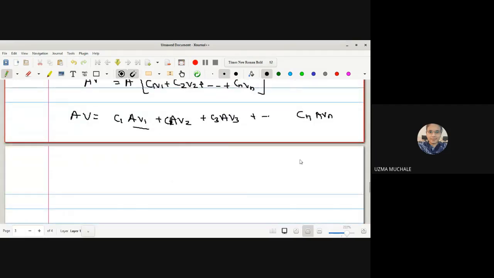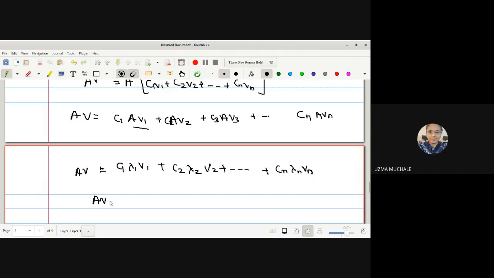So we can replace each and every A v1, A v2 and so on, and hence we get c1 lambda 1 v1 plus c2 lambda 2 v2, and hence we can take this lambda 1 outside, since lambda 1 is non-zero.